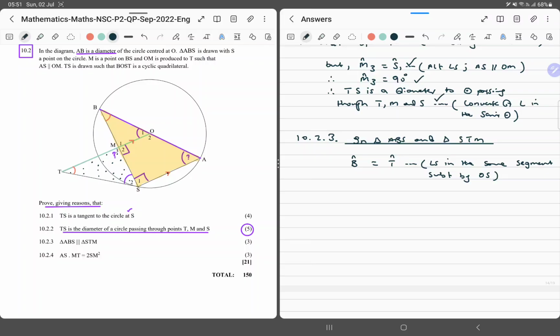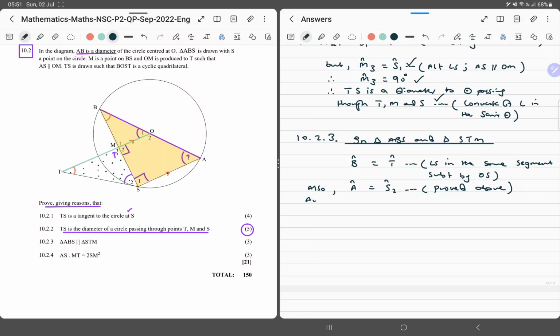We also proved above that angle A is equal to angle S2, when we were proving the tan chord theorem.